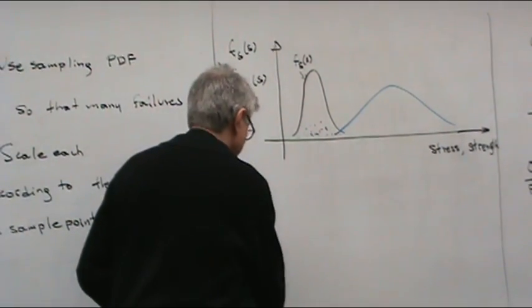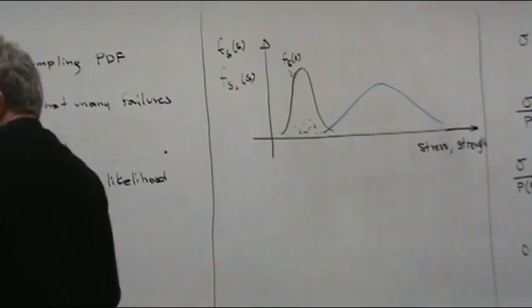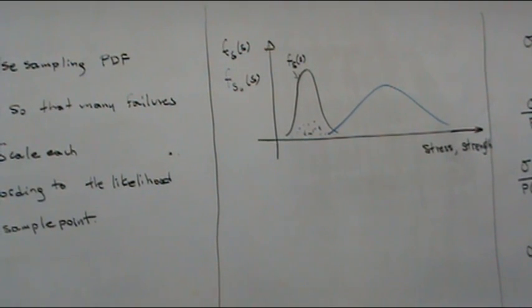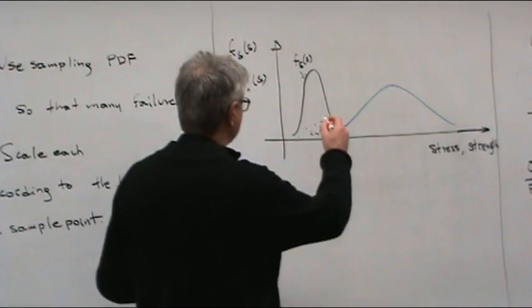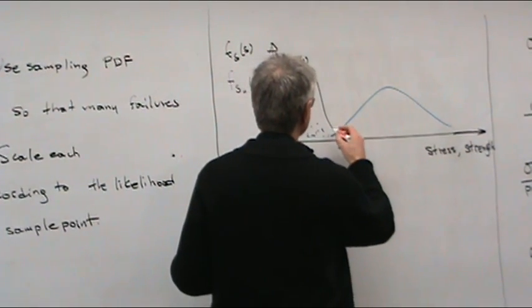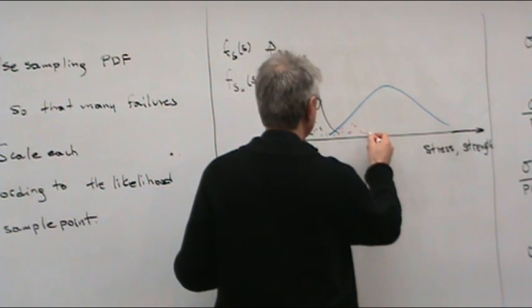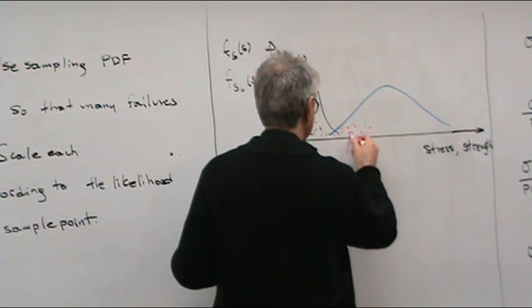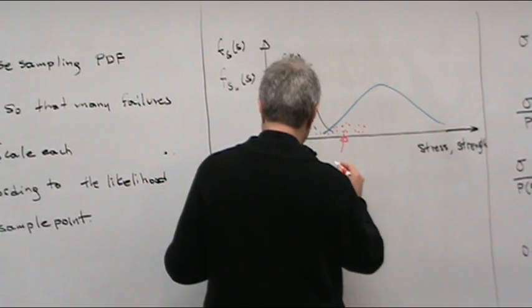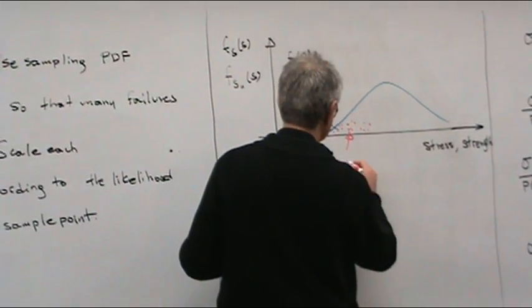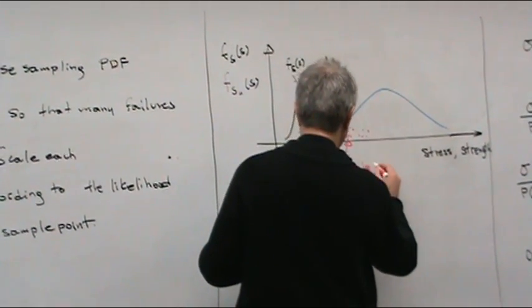So instead of that, you use another sampling distribution so that it generates a lot of points in this region. So these are sample points from the sampling PDF.